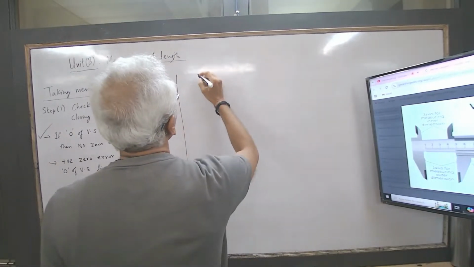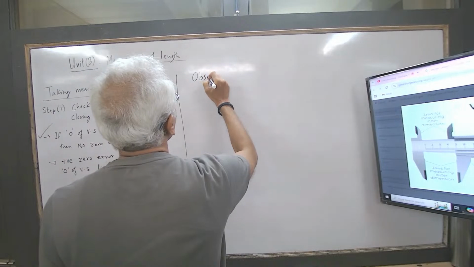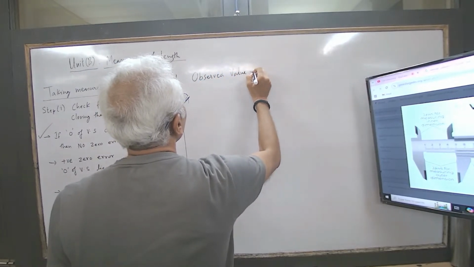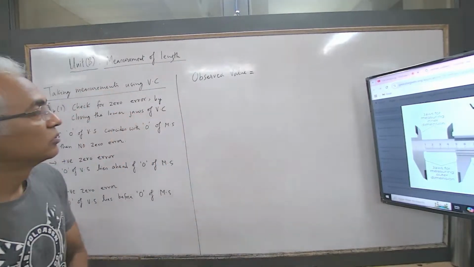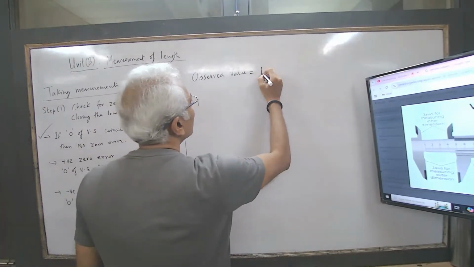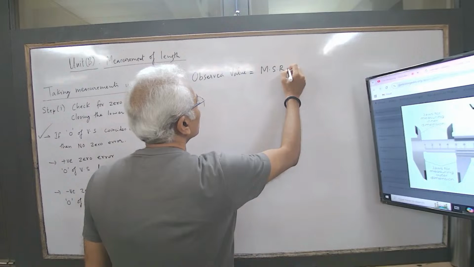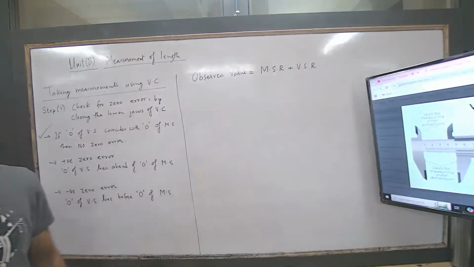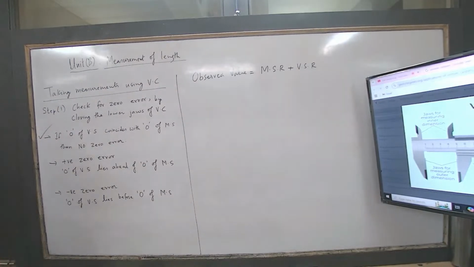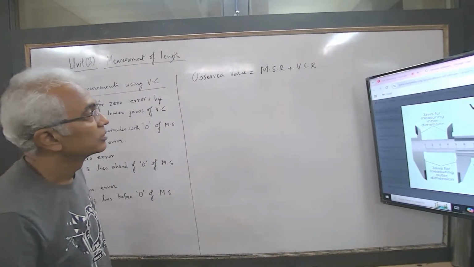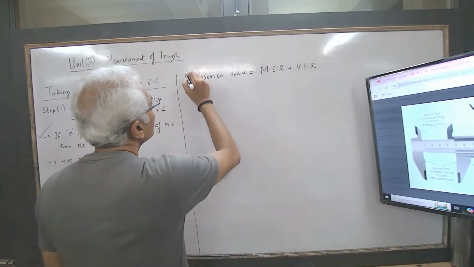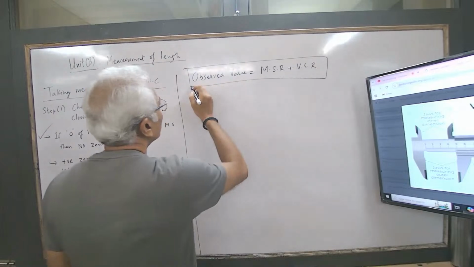What is the measured value or observed value? It is main scale reading plus vernier scale reading. Okay, observed value will be main scale reading plus vernier scale reading. So this is the formula. And what is vernier scale reading?